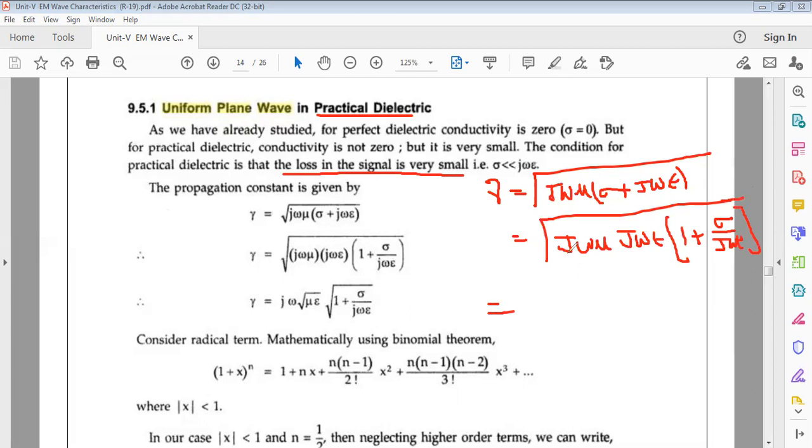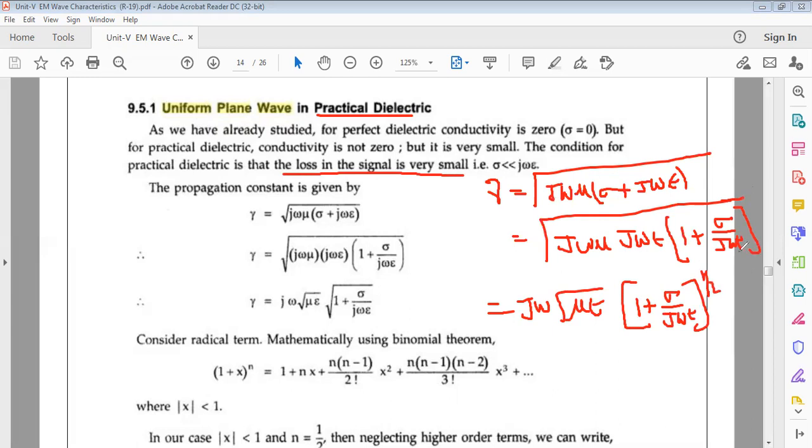That is equal to j omega into j omega square. You get outside the j omega, under root of mu epsilon, and here another term is there, that is 1 plus sigma by j omega epsilon whole power 1 by 2.